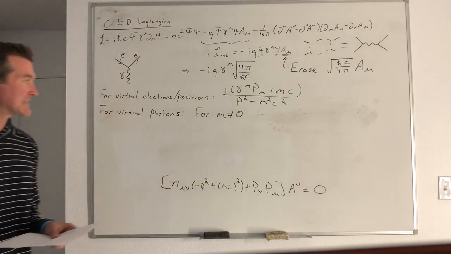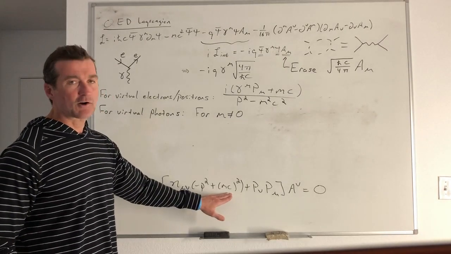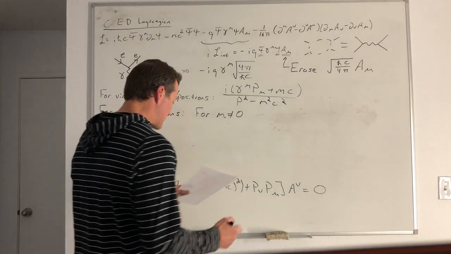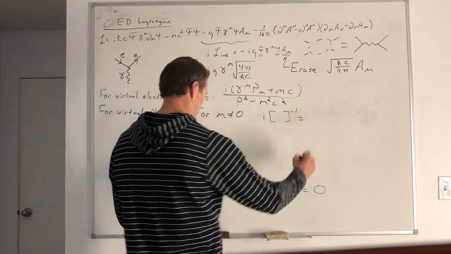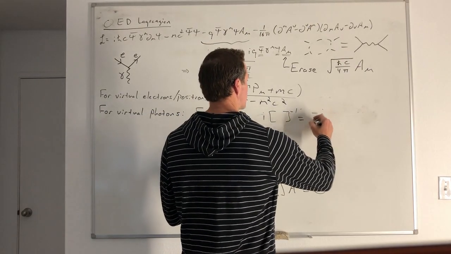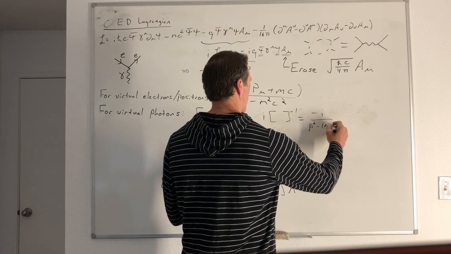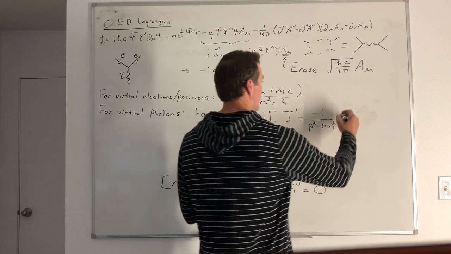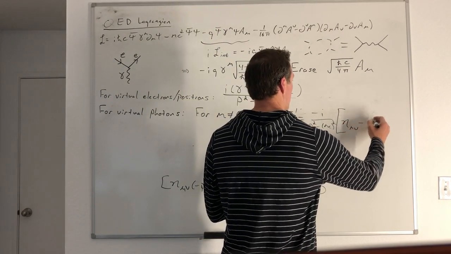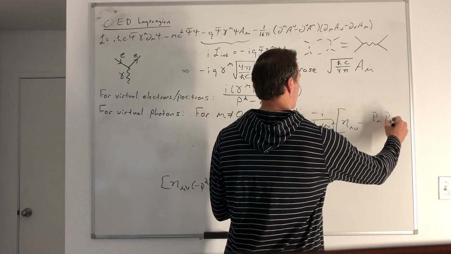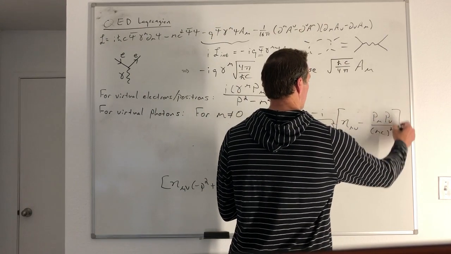If you have a massive gauge boson, you've got to keep this term in here, and then this becomes minus i over (p squared minus mc squared) times (eta mu nu minus p mu p nu over mc squared).